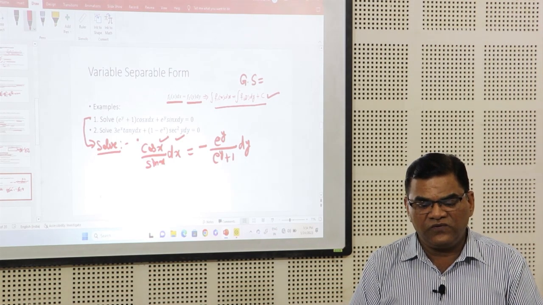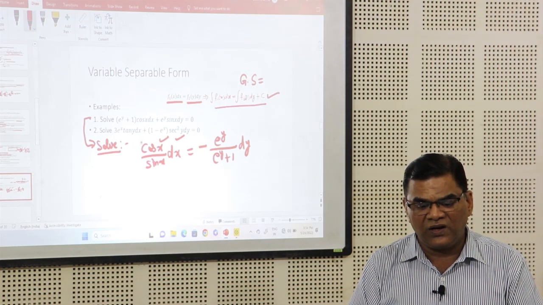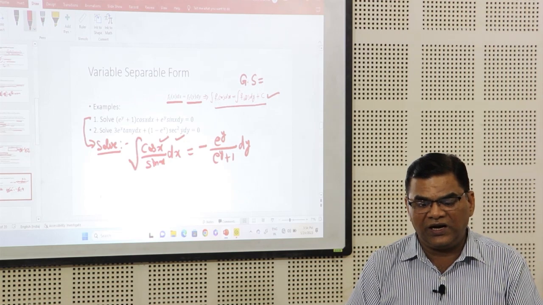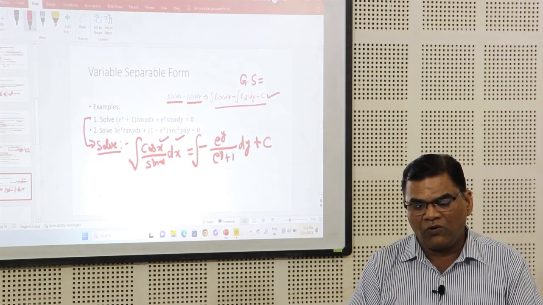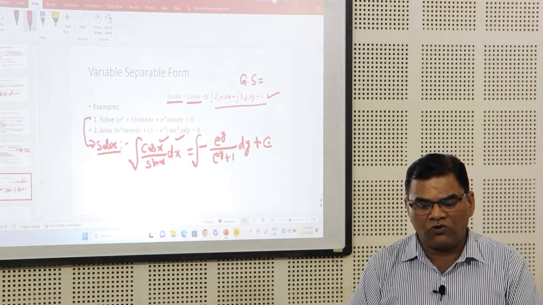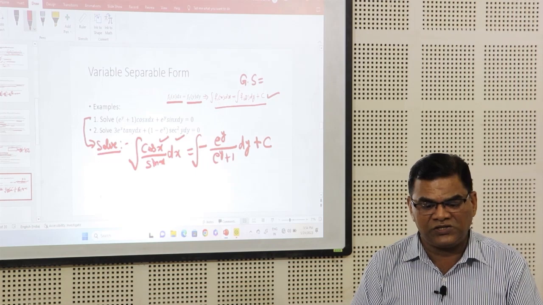Okay. So, if we wish to find the solution of the equation after separating the variables, what we have to do? We have to just integrate on both sides of this equation and put an arbitrary constant, the constant of integration.